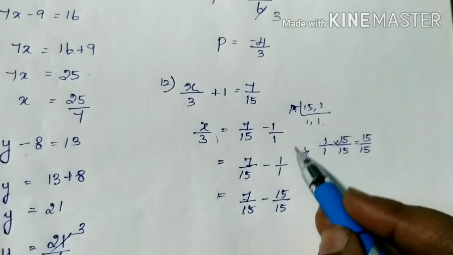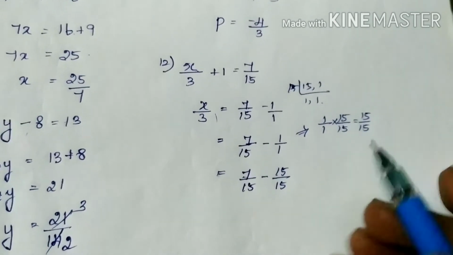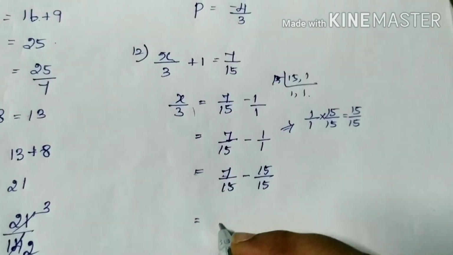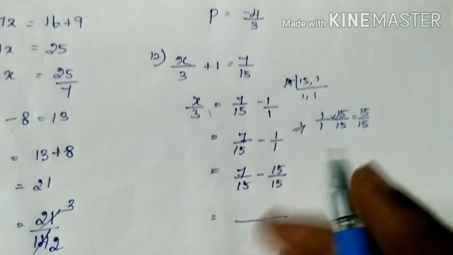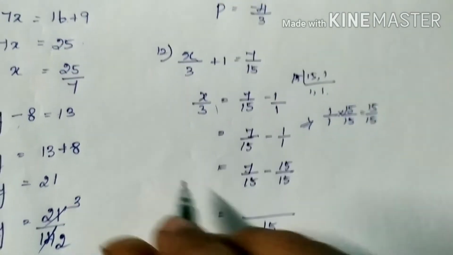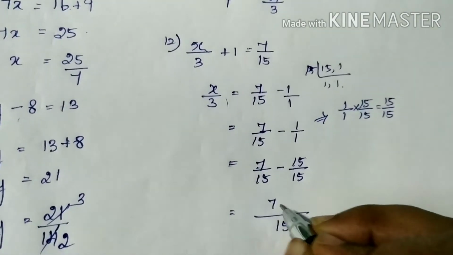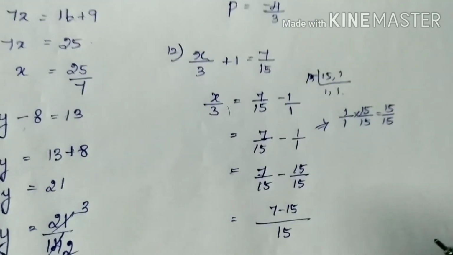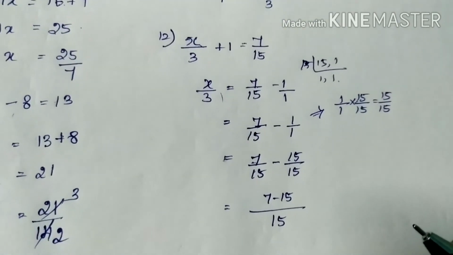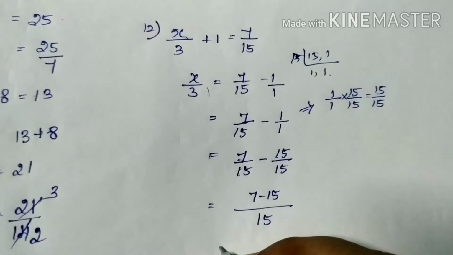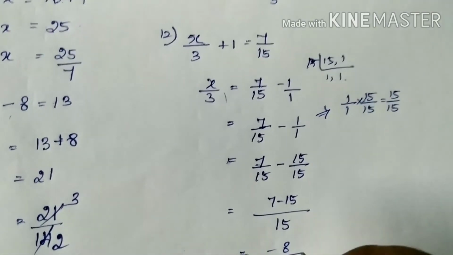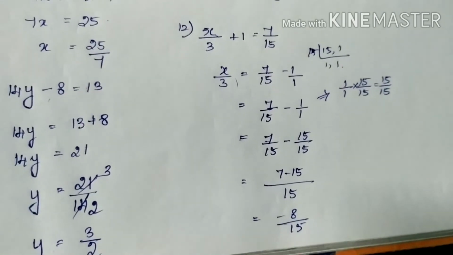So for that I multiplied by 15. So now 15 is the same. So we write it in common. And 7 minus 15. 7 minus 15 is what? That is minus 8 by 15.